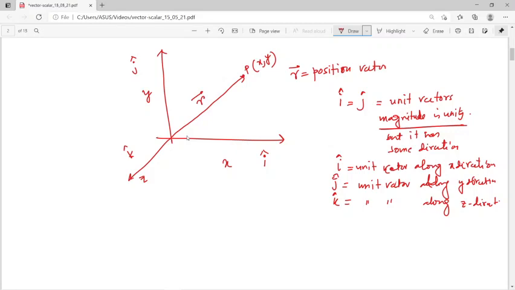So that is the corresponding unit vector.